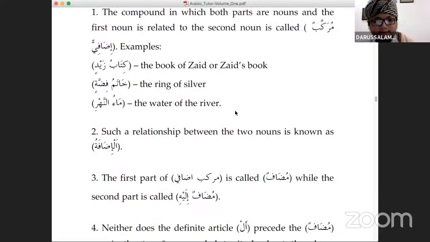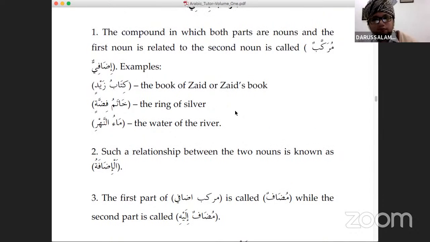In Malay, when you translate, there is no particular word like "of" in the middle. For example, Kitab Zaid, we translate as Kitab Zaid. Khatamu fiddatin, we translate as cincin perak.